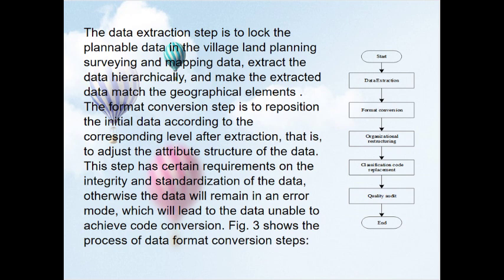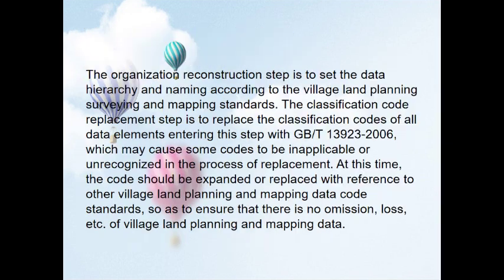This step has certain requirements on the integrity and standardization of the data. Otherwise, the data will remain in error mode, which will lead to the data unable to achieve code conversion. The third figure shows the process of data format conversion steps.